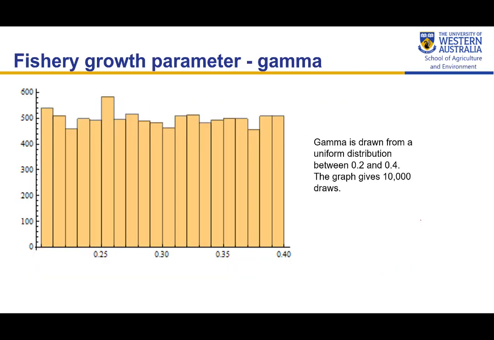So what we're going to do here in this example is take draws from the growth parameter, sometimes called the intrinsic growth parameter, in the fishery model, and we're going to draw values between 0.2 and 0.4, and we're going to draw 10,000 of those values from a uniform random distribution.